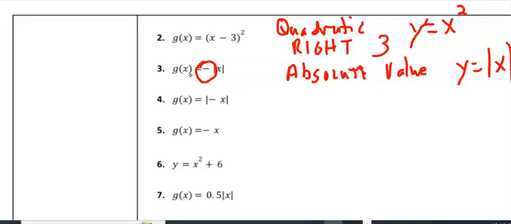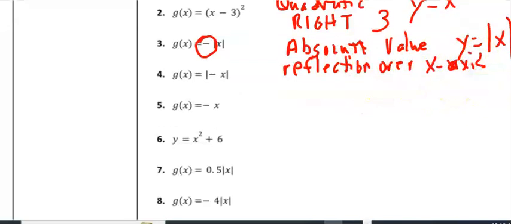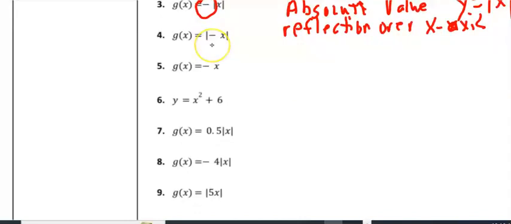Which means I'm reflecting over the x. Reflection over the x-axis. What's the next one? Absolute value again. I'm going to abbreviate. Negative on the inside. Okay, I didn't get through all of it, but you can get your homework done, correct?